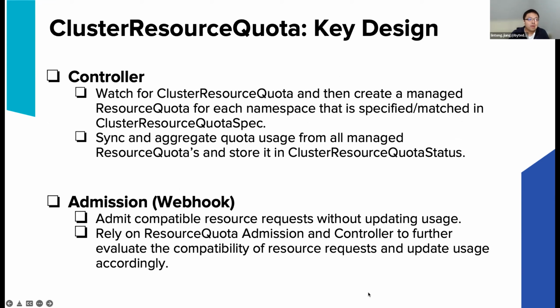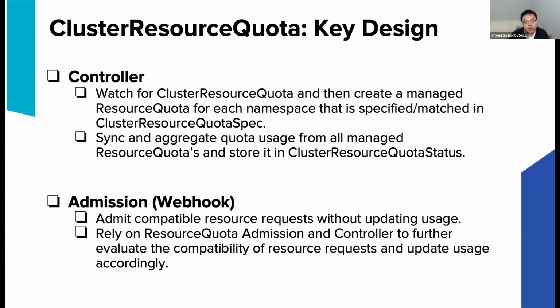Here we're going to give a little more information about the key components of the cluster resource quota feature. The same as the Kubernetes built-in resource quota, cluster resource quota also has two main components: the admission component and the controller.